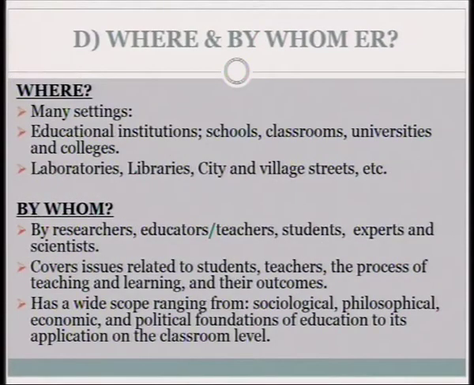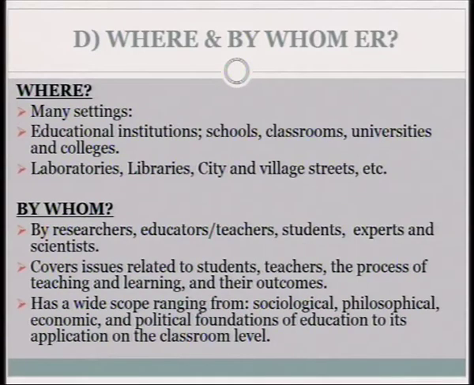So we are moving. Where should research be done? We have the where and by whom, but we will deal with where first. Where should educational research be done? So the scholars argued that it can be done in many settings.